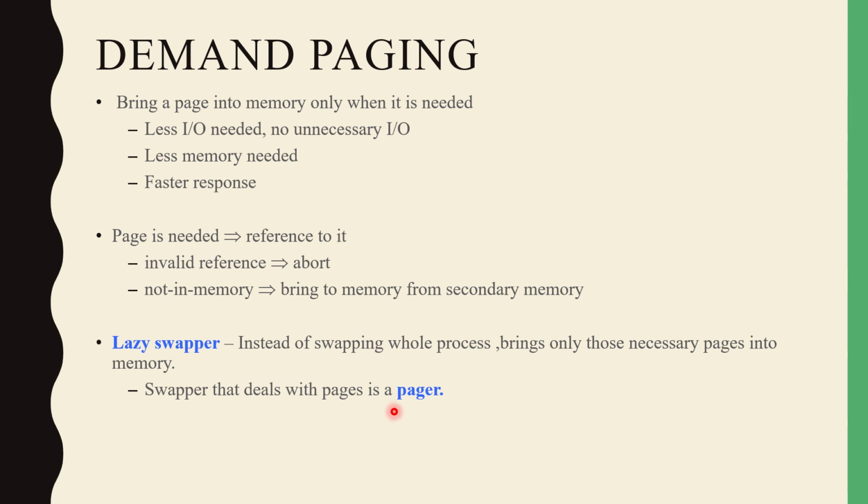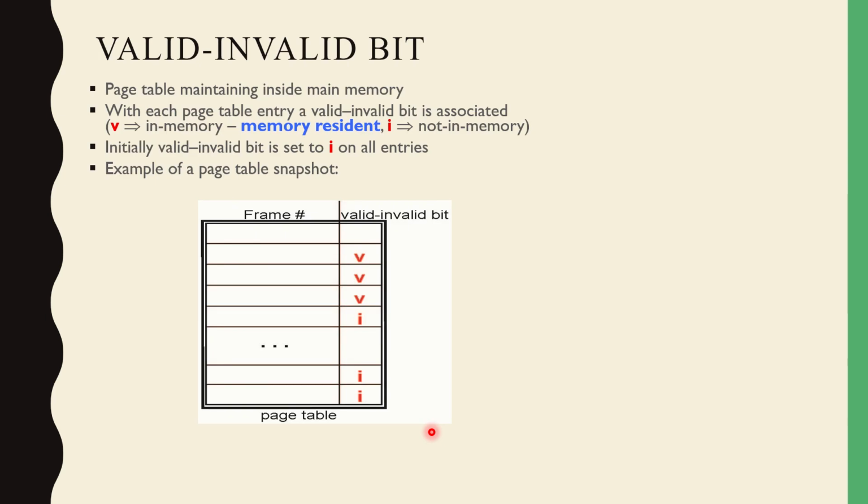The swapper that deals with these pages is a pager. Next, for doing this demand paging in your main memory, the operating system maintains a table called the page table, which is located inside the main memory.